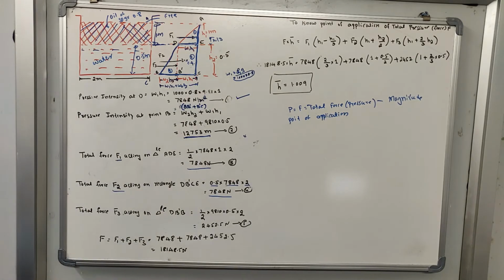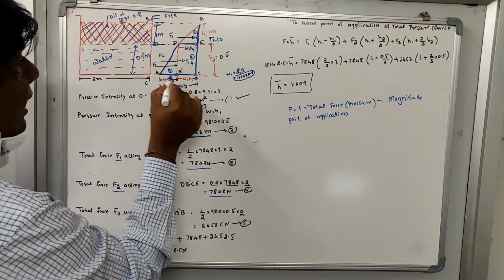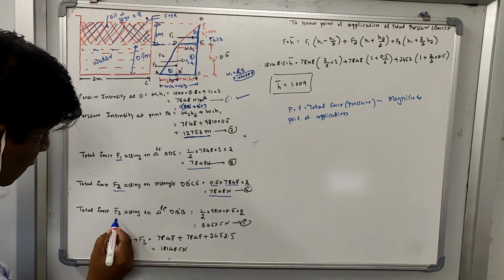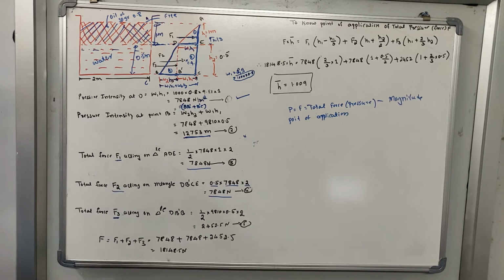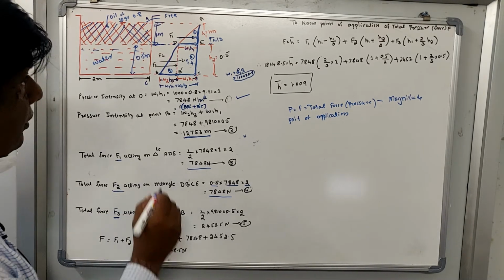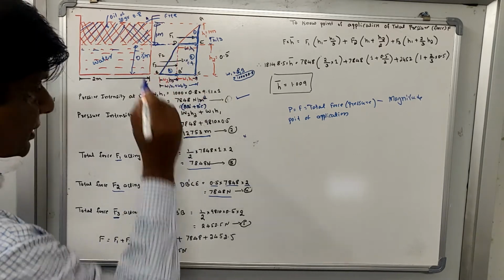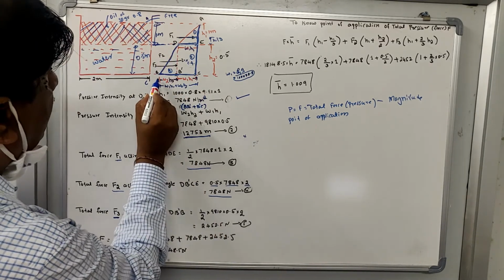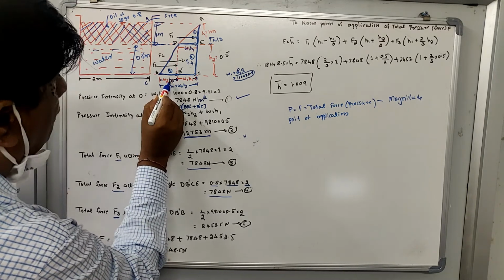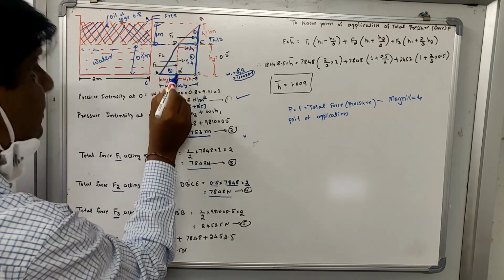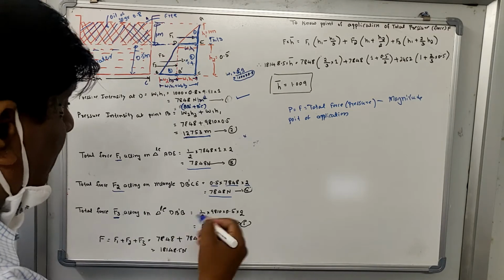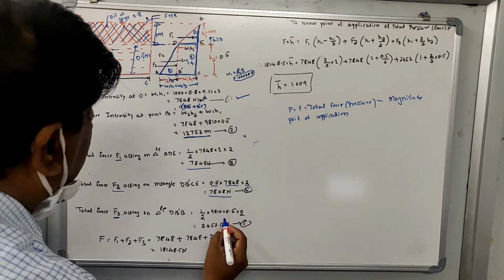So next you consider the triangle DB dash B. Let force F3 be acting on the triangle DB dash B. So the force F3 is equal to half the area of this triangle, half multiplied by W2 H2, multiplied by the width of the tank.